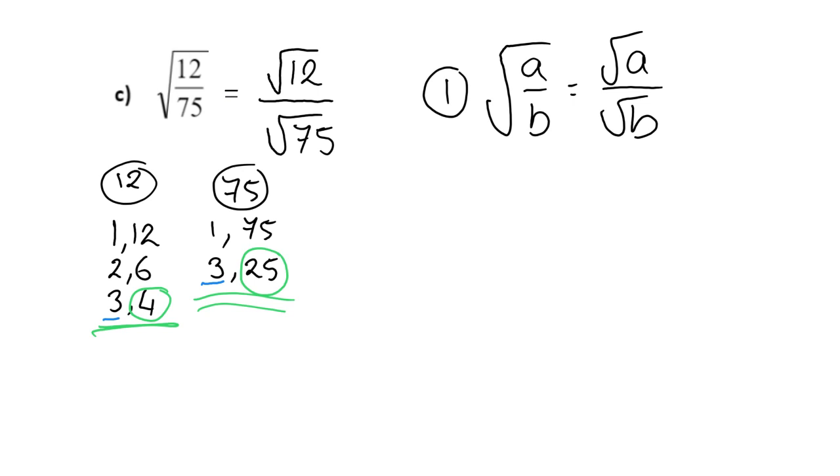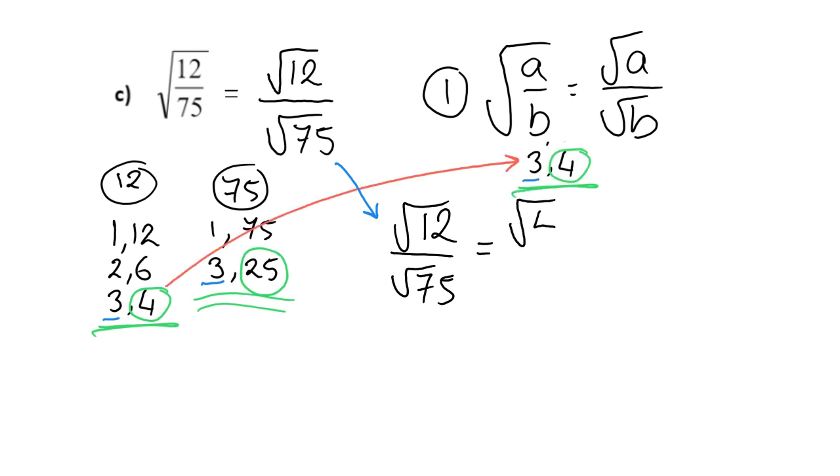Okay, so individually, let's have a look at this again. We're going to take the square root of 12 over the square root of 75. So if we select the 3 and 4, I'm going to have the square root of 4 at the start because that's the square number.